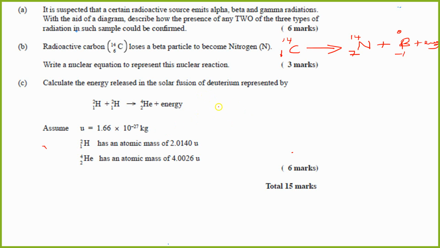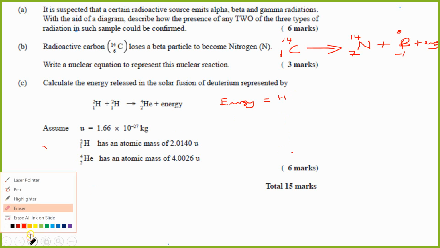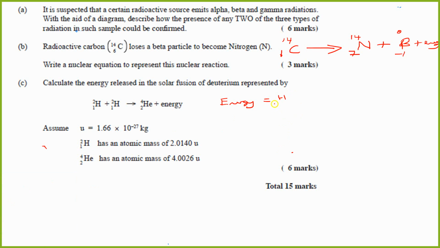So the first thing I'll do here is to transpose to make energy the subject. So energy is equal to H2, well, and by the way, H21 is an isotope of hydrogen, and I believe the word is deuterium, right?